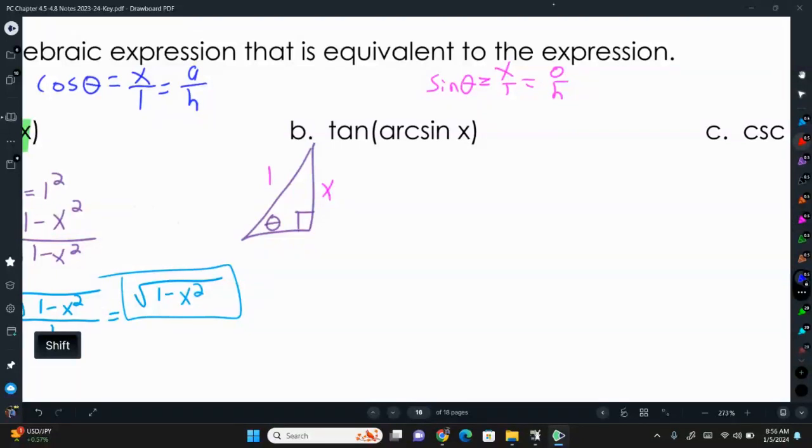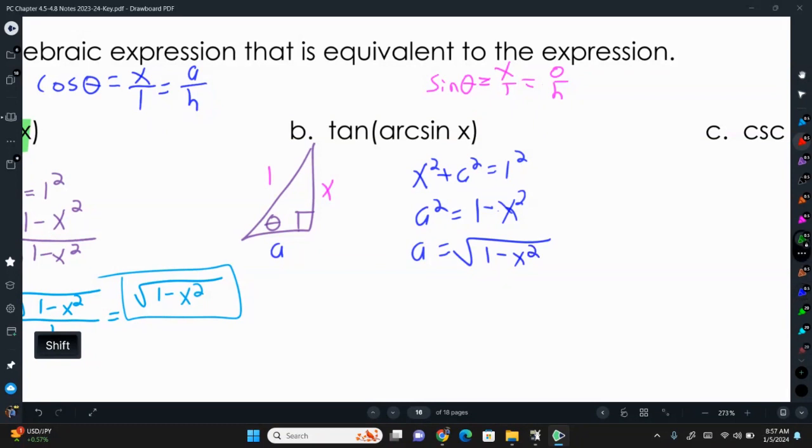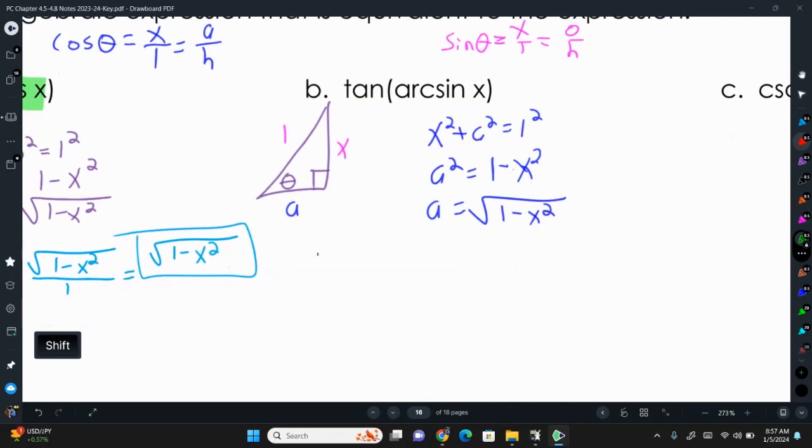So our adjacent side here that we're trying to figure out, we're going to do x squared plus a squared equals 1 squared. And I think you could see that we're going to get the exact same thing here. We subtract x squared from both sides. And then when we square root both sides, we get a equals the square root of 1 minus x squared. So that would be our adjacent side, and the tangent is the opposite over adjacent. So the tangent of theta is the opposite side, x, over the square root of 1 minus x squared.